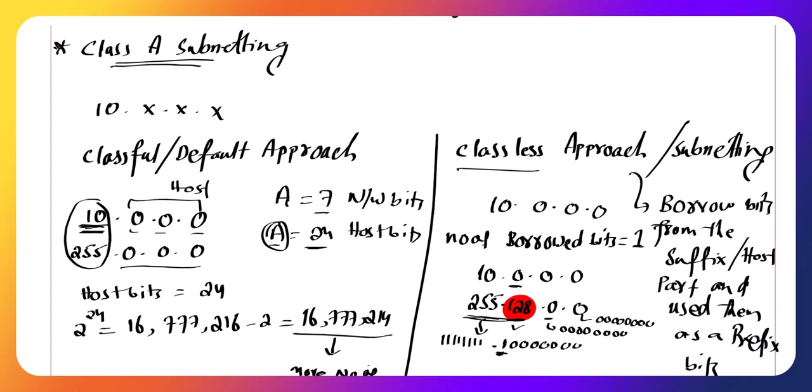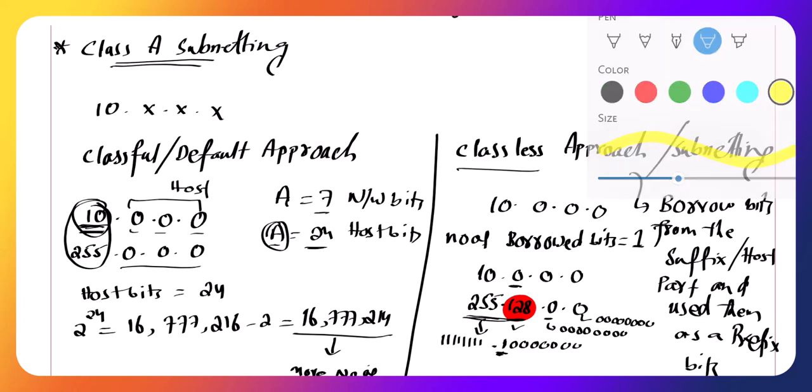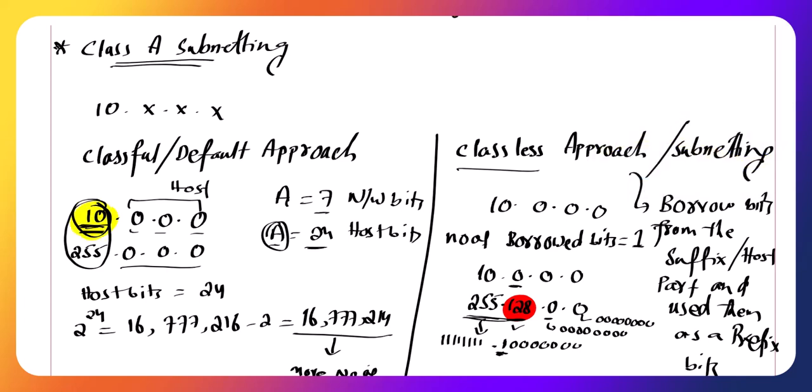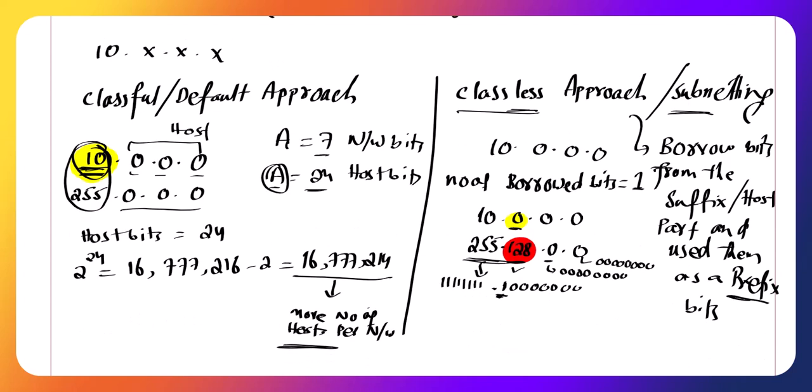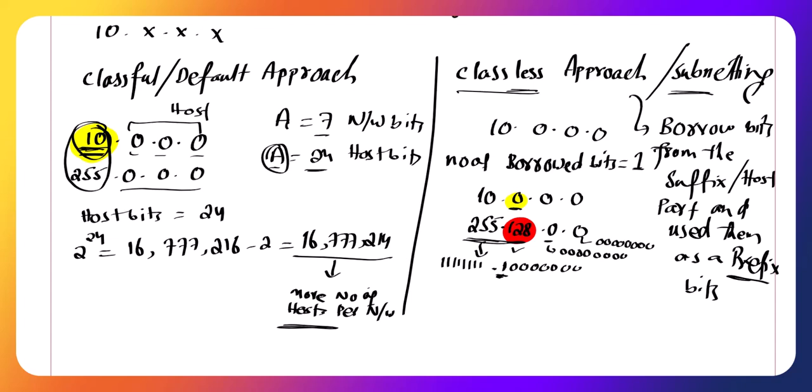By default, according to the classful approach, the first octet was the network octet. According to the classless approach, we come to the second octet, borrow a bit here, and use it as a prefix bit, because we are going classless. And why are we doing this? To divide the main network into subnetworks for subnetting purposes. We already borrowed 1 bit.